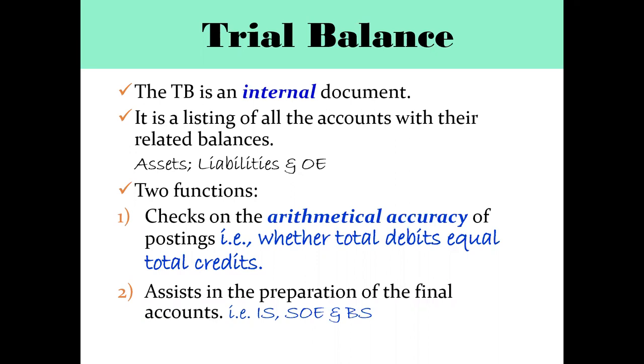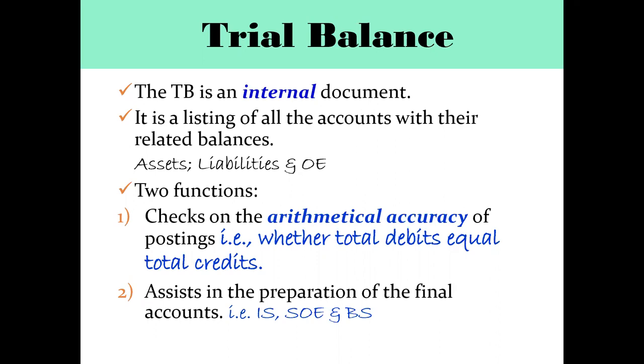So starting with our trial balance, let's take those balances from those T accounts. And remember, in the chart of accounts, the order is assets, liabilities, owner's equity, revenues, expenses.